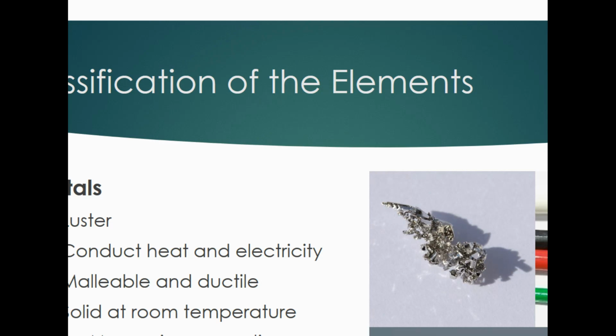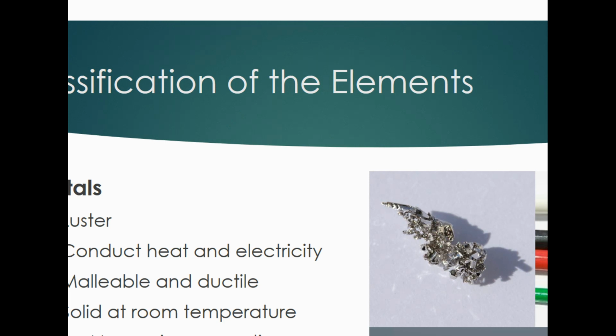They are malleable and ductile, meaning you can shape and form them, which is how you can make coins and aluminum foil, and we can make copper wiring. Ductile means you can stretch it into that wiring. Of all the metals on the periodic table, they are all solids. There are no metals that are a gas at room temperature, and the only exception is mercury, which is a liquid at room temperature. Otherwise, they are all solids.